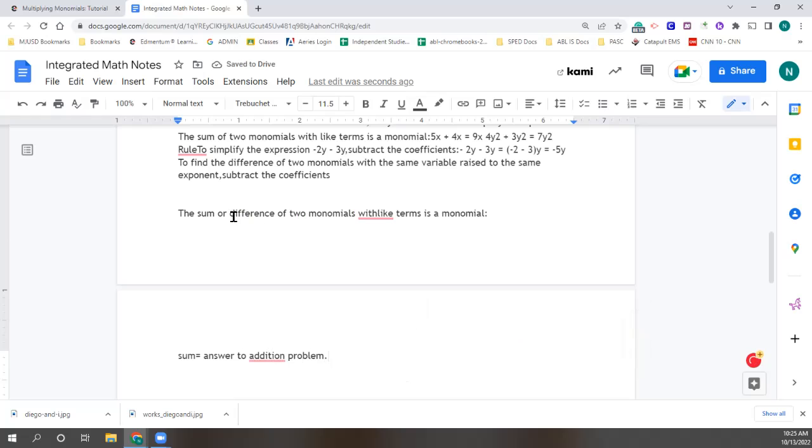The difference is the answer to a subtraction problem.